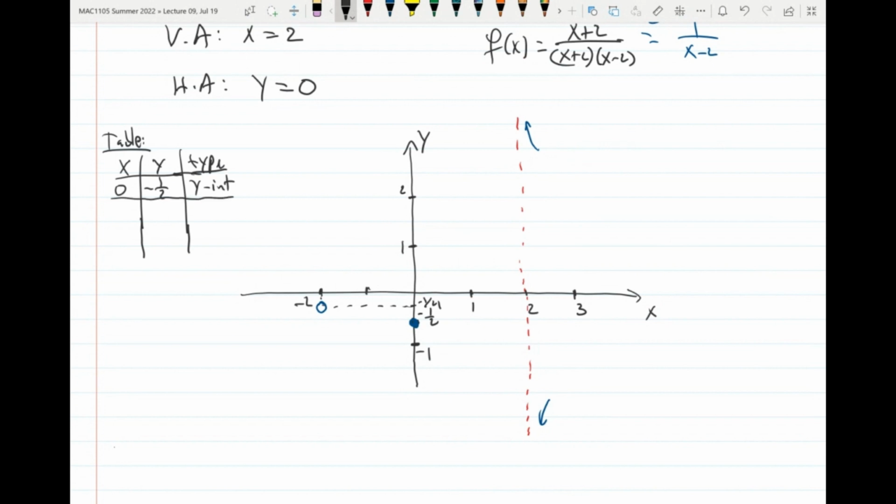We also had the point (-2, -1/4). That's a hole. Now, strategically, I'm going to pick 2.5, and the y value is 2, because it's 1 over 1/2, and this is just a test point. That's going to be 5/2, and then that's going to give me 2.